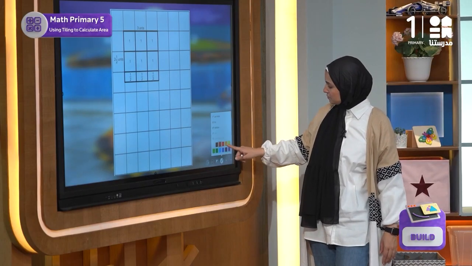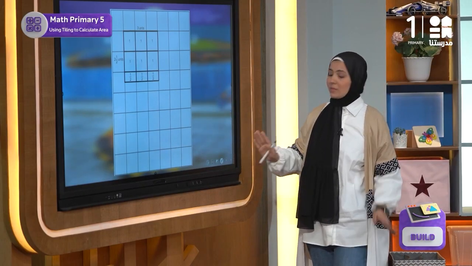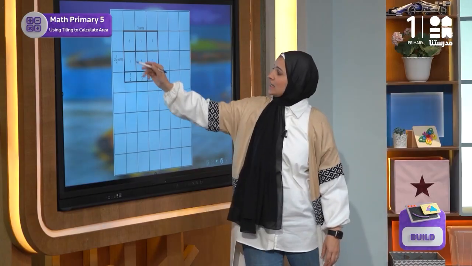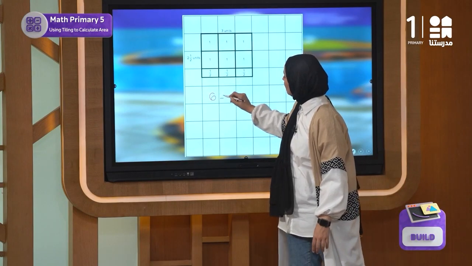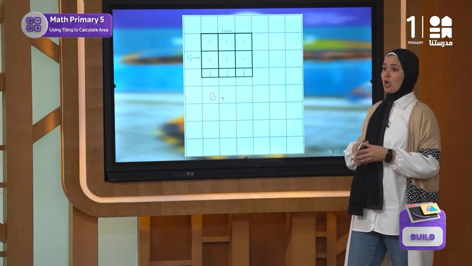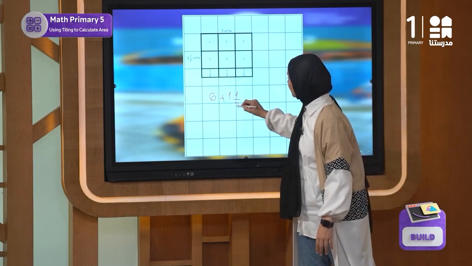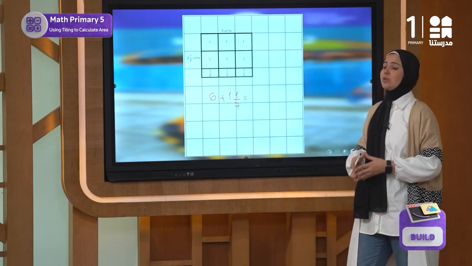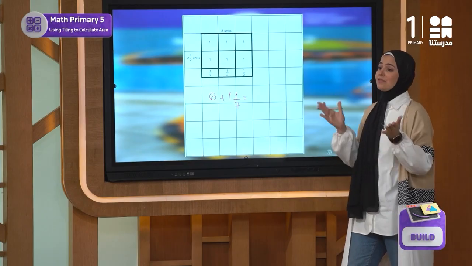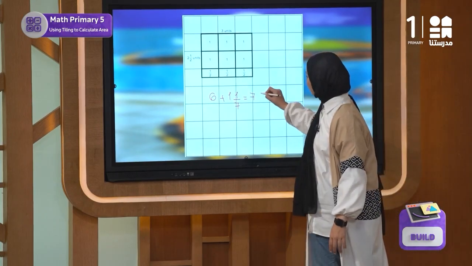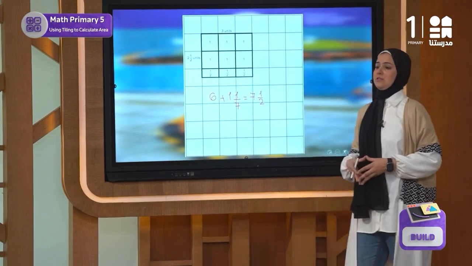Let's check. If I have here the 6 wholes plus the 3 halves, which is 1.5, right? The total area is going to be 7.5 square units.